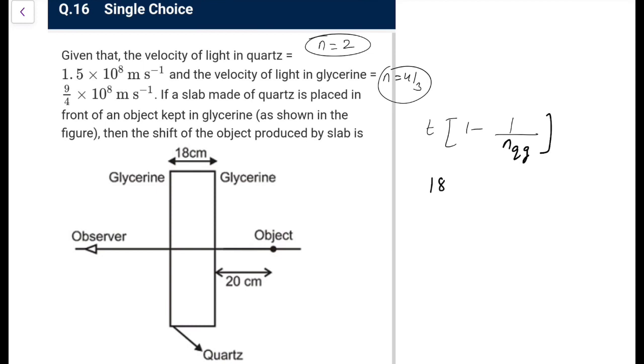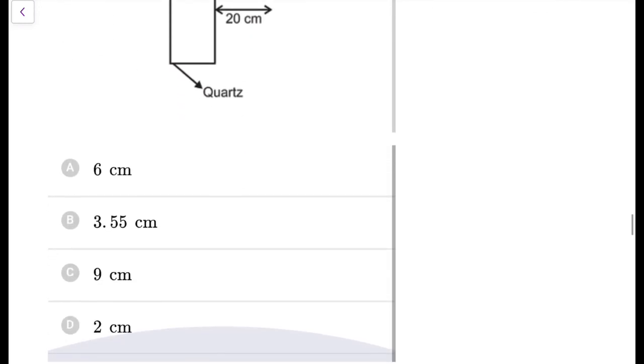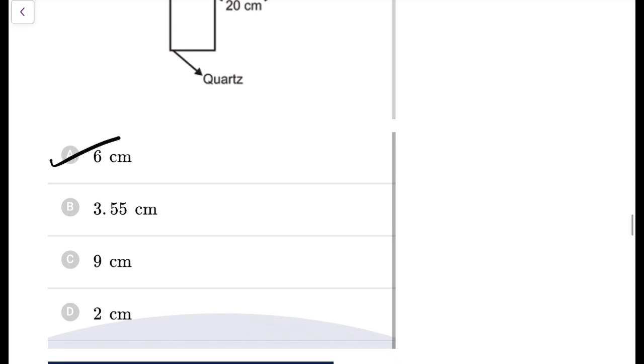So T is 18, 1 minus 1 upon (n of quartz is 2, 2 upon 4 by 3), that is 2 into 3 above the 4, yes. So it becomes 3 by 2, so 18 into (1 minus 1 by 3), that is 6 centimeter. That would be the shift produced by the slab in this case.